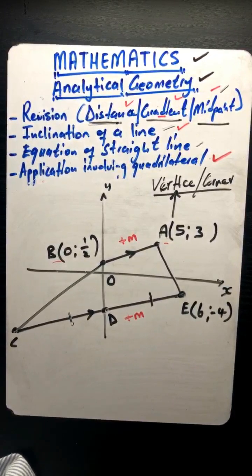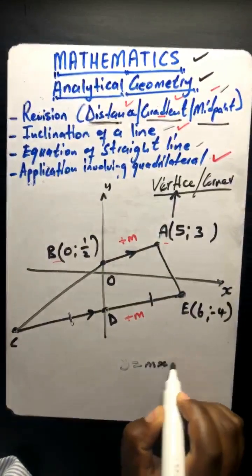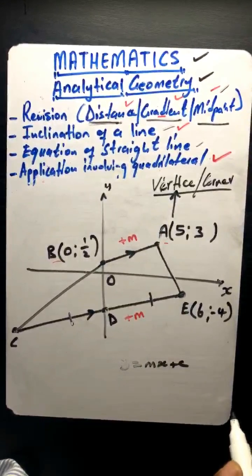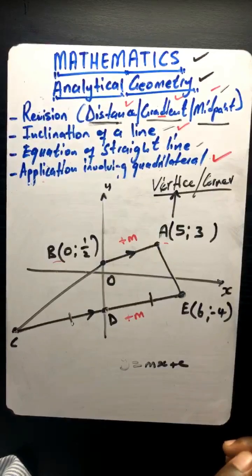Okay, 3.2, determine the equation of CE in the form y equals mx plus c. I'm telling you guys, analytical geometry is a game of two things. But now, do we have two things?